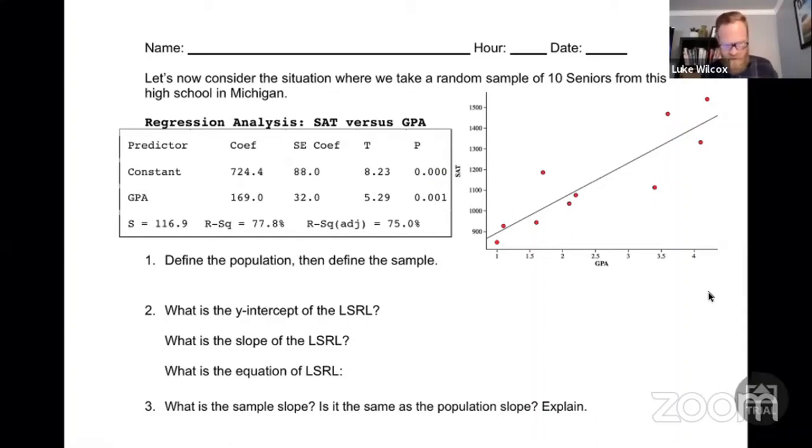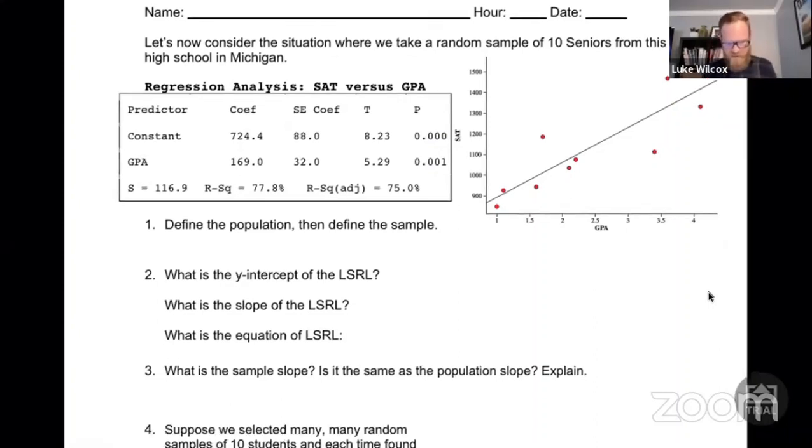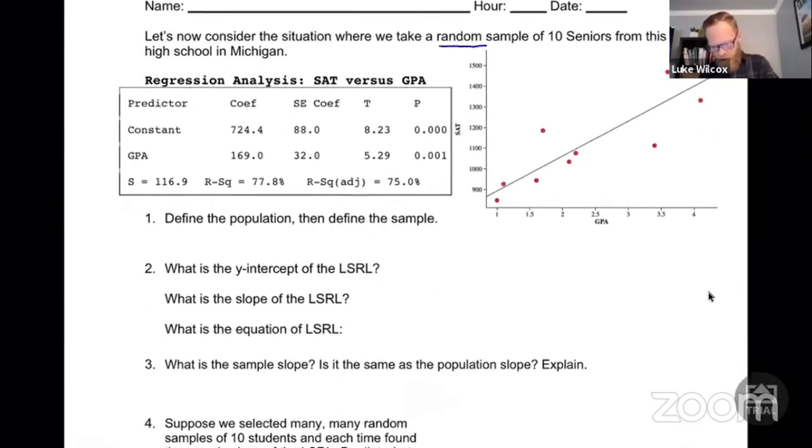So it says, let's now consider the situation where we take a random sample of 10 seniors from this high school in Michigan. And just like we had on the previous page, we've got our computer output here, and we've got a scatter plot of the data. But you'll notice a lot less dots in our scatter plot or data points because we only have a sample of 10 seniors. So question number one, to define the population.